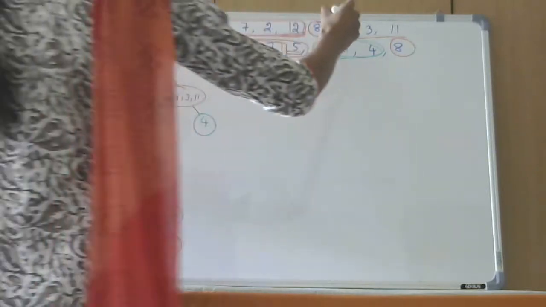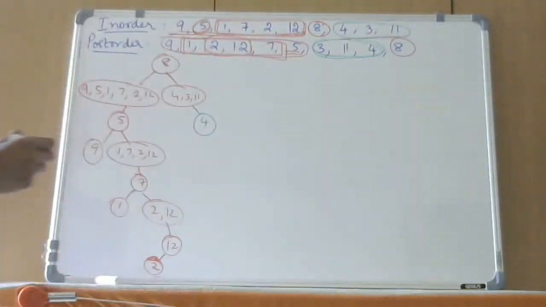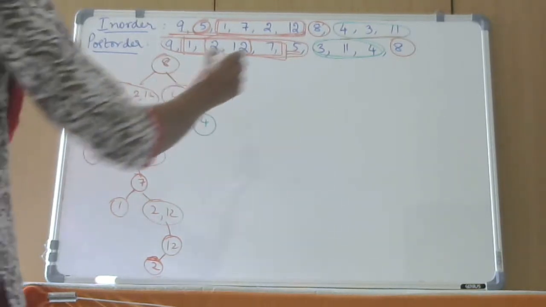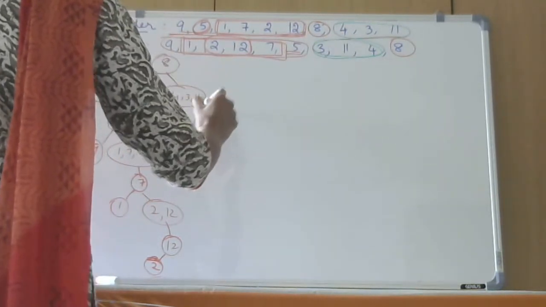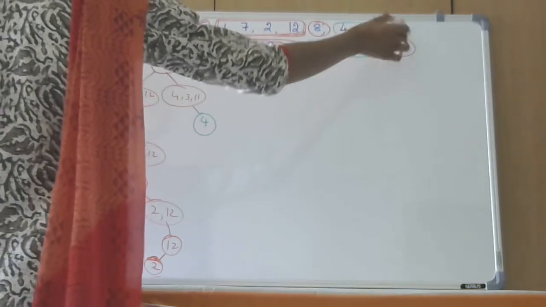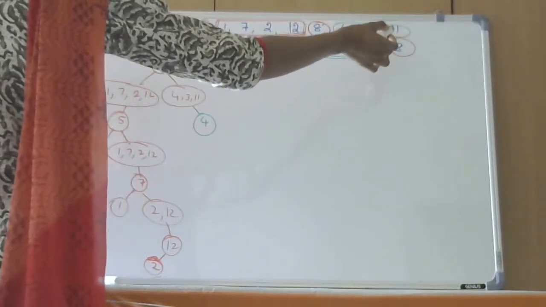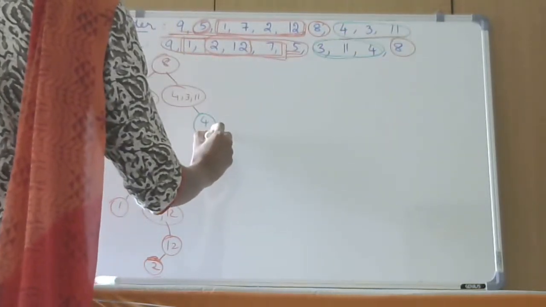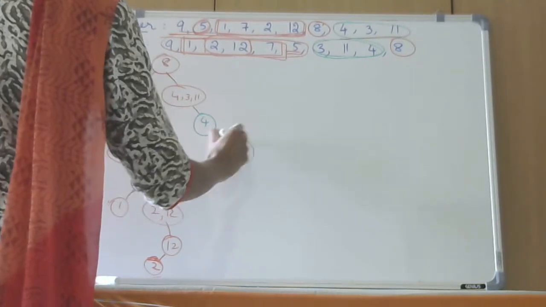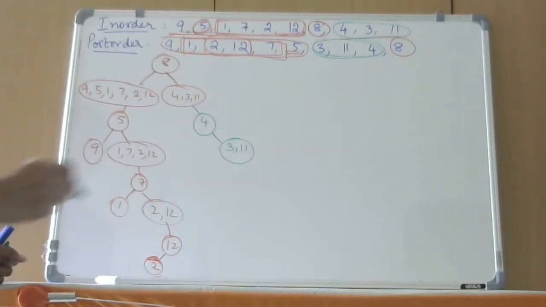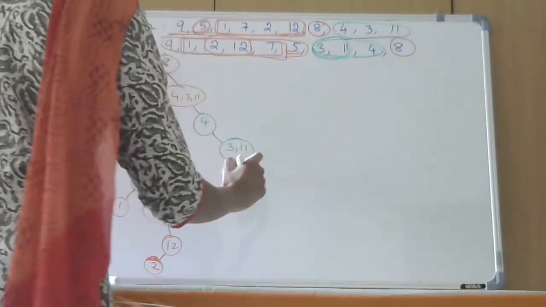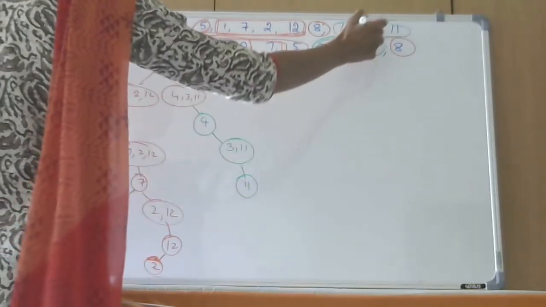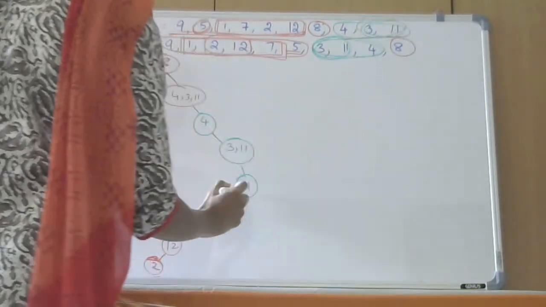Looking at 4, 3, 11 in the in order, both are coming to the right of 4. So 3 and 11 come to the right of 4. So I will put 3 and 11 here. Next, if I look at 3 and 11, 11 is the root because 11 comes last. Left of 11 is 3.